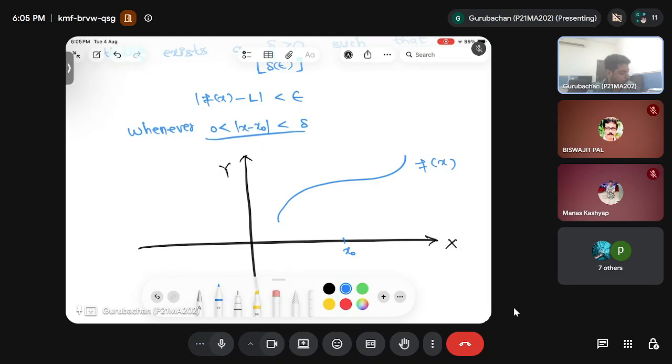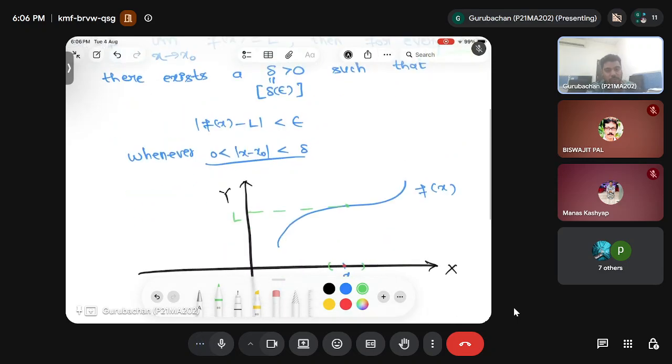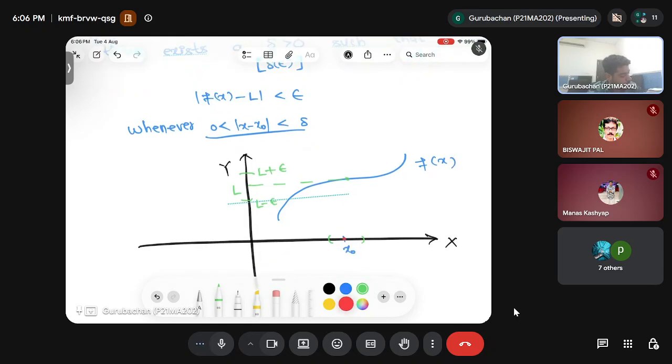You are deleting this point, you are not including this point, and corresponding to this point, suppose there is some limit L. So as we said, for every epsilon greater than 0, first of all we need to consider some epsilon greater than 0, and this will be the neighborhood of this L, and the corresponding delta you will get, this is x naught minus delta, x naught plus delta.